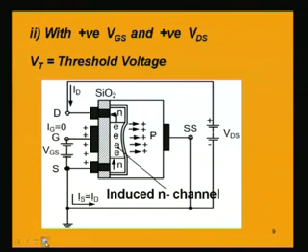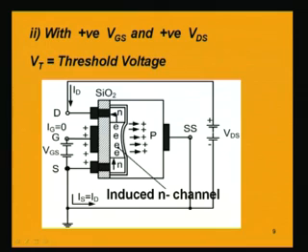Now, we have positive voltages between the gate and the source and between the drain and the source, both positive. Here we show this by VGS, with the source having positive to gate, that means with respect to source it is positive.